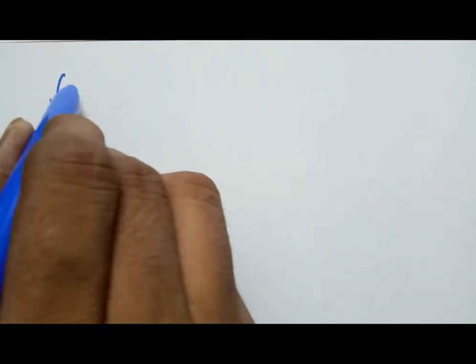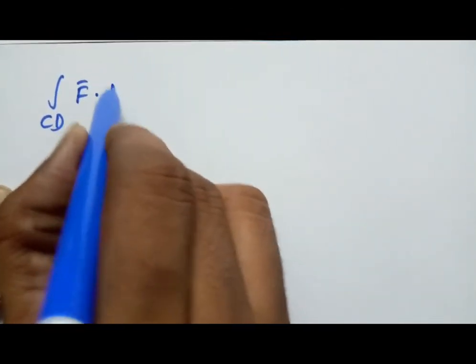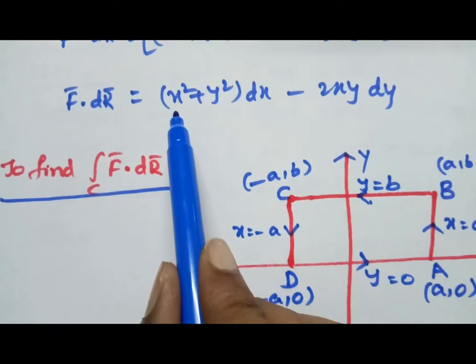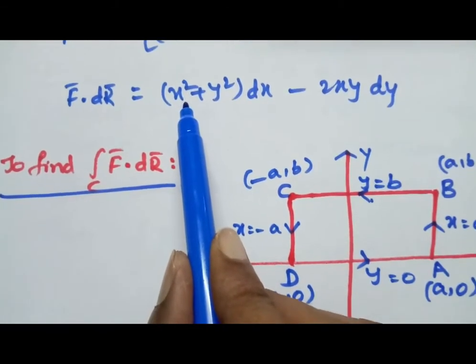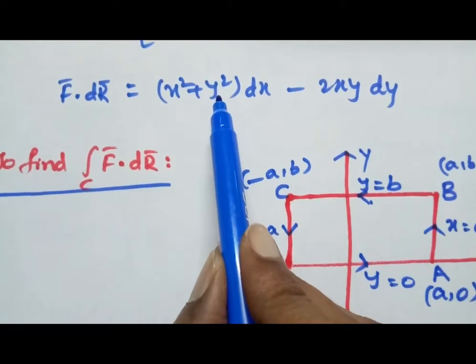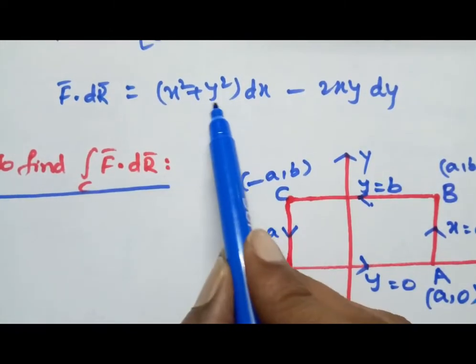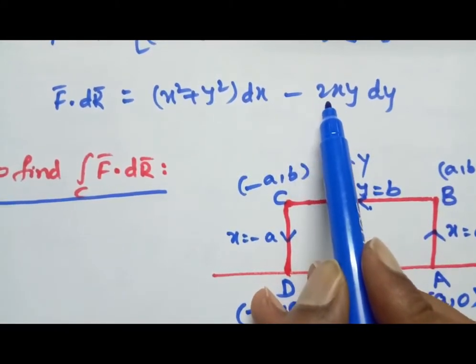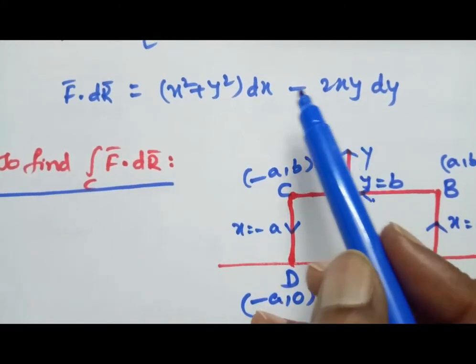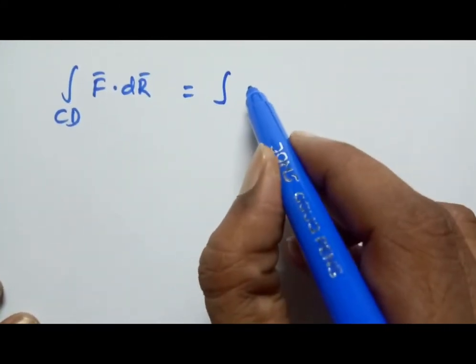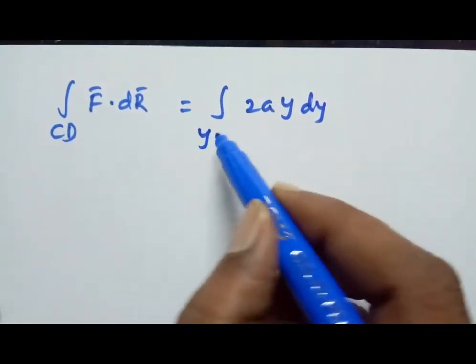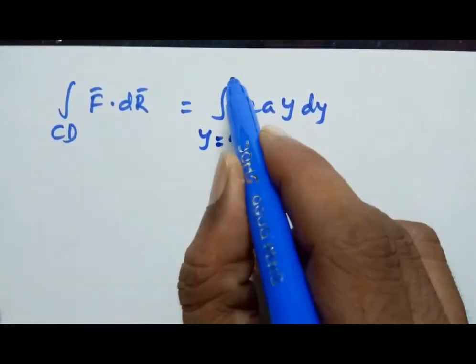Now, integration over CD of f bar dot dr bar is equal to minus a whole square, a square plus y square, dx value 0. Therefore, this becomes 0 minus 2 into x, minus a. So, plus 2a into y dy. Integral 2a into y dy. Y varies from b to 0.